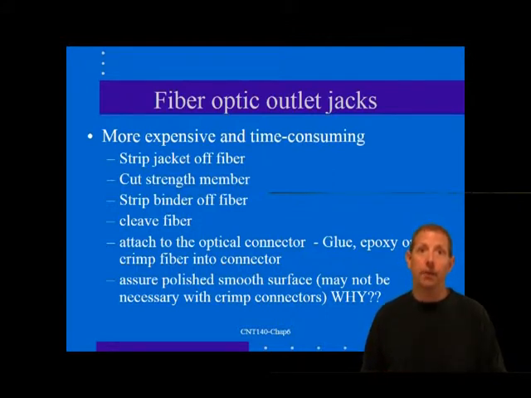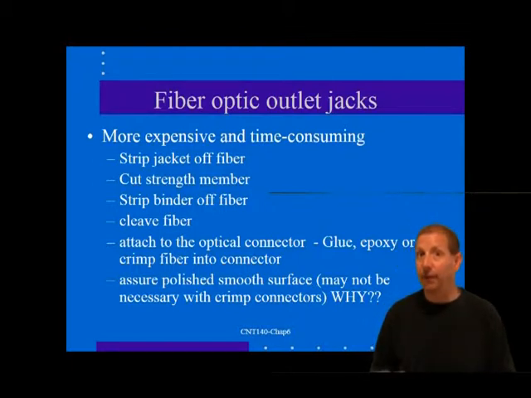Unlike the termination of metallic conductors, the traditional termination of an optical fiber can be a delicate and time-consuming process, although the time may be reduced by using some more expensive quick termination connectors. The fiber must be stripped of its protective coverings, including the binder.